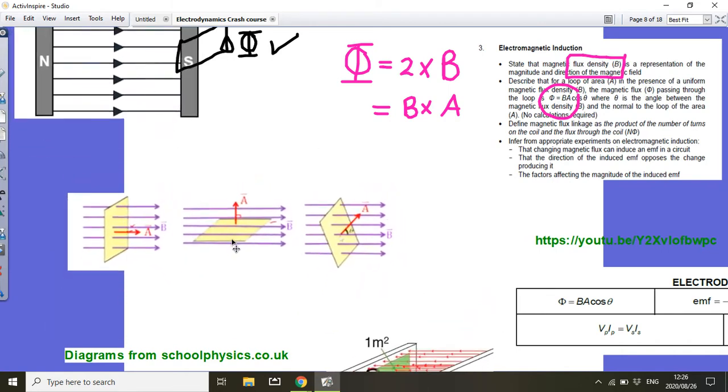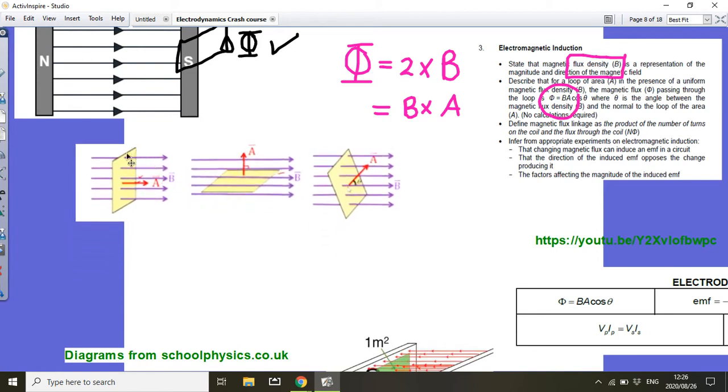If you look at this one here, when it's in this position, with my North Pole and South Pole still here, you can see the magnetic field lines are the purple lines going from north to south. Now if my coil is in this position, or whatever it is, coil, loop, solenoid, armature, any of those words can be used, you can see there are all these lines passing through the area.